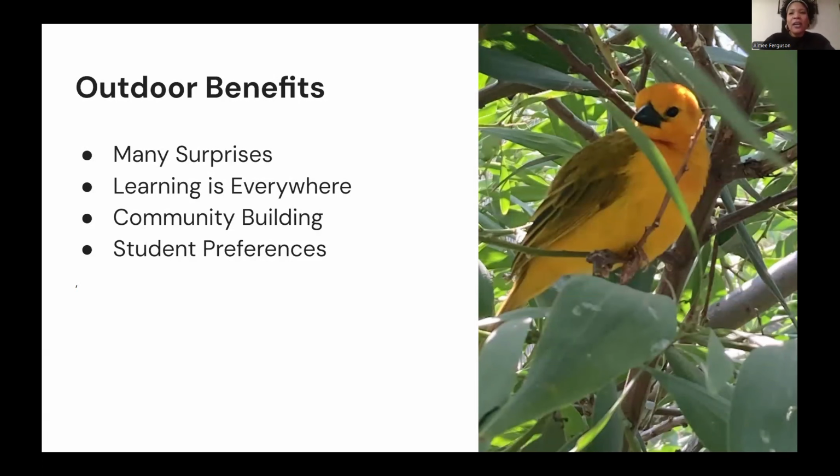This is what we do. Oh, Miss Ferguson, you should really lay on some leaves. It feels good." So it's that sort of stuff that makes you feel so connected. And I just realized that what they realize is also that learning is everywhere. Let's go to the next slide.